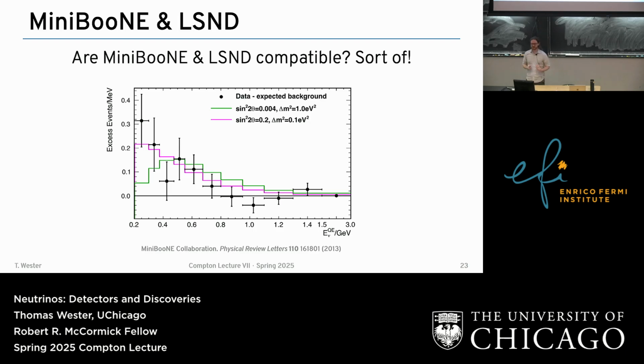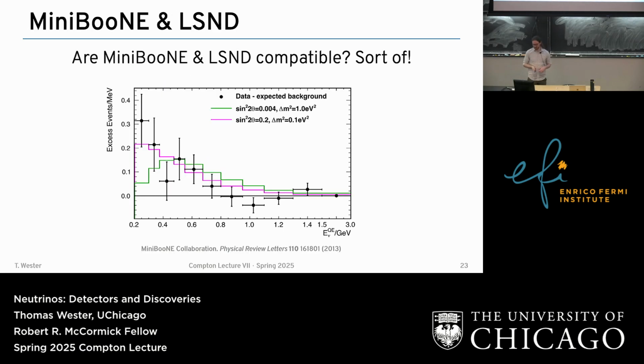A natural question to ask is, are the results of MiniBooNE and LSND compatible with one another? And the answer is mostly yes. If you try to plot the expected oscillation probability against the MiniBooNE data, you can pick different frequencies. That's the difference between these green and these purple lines, and you can see that it gives you a pretty good fit to the data.